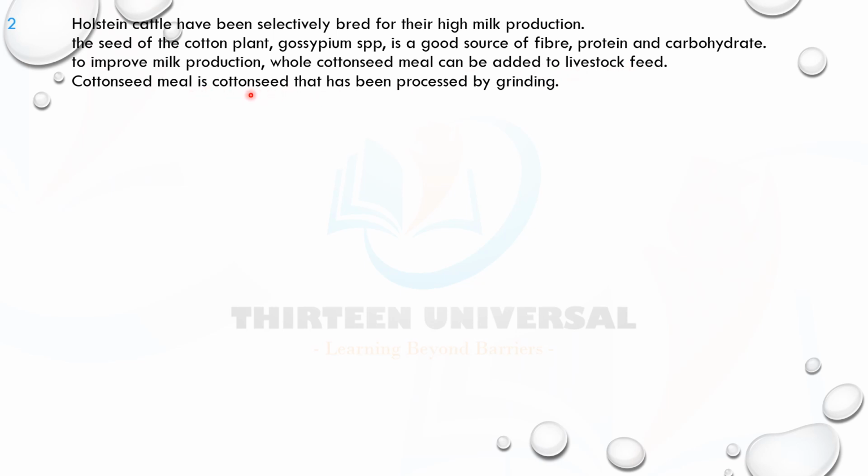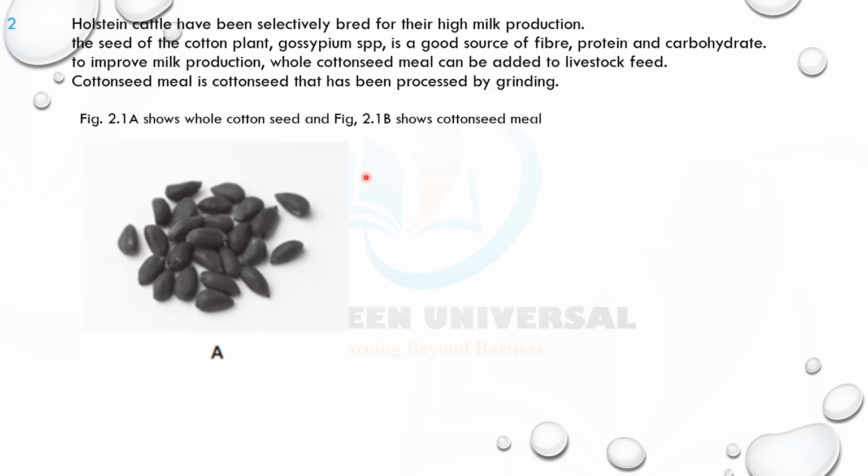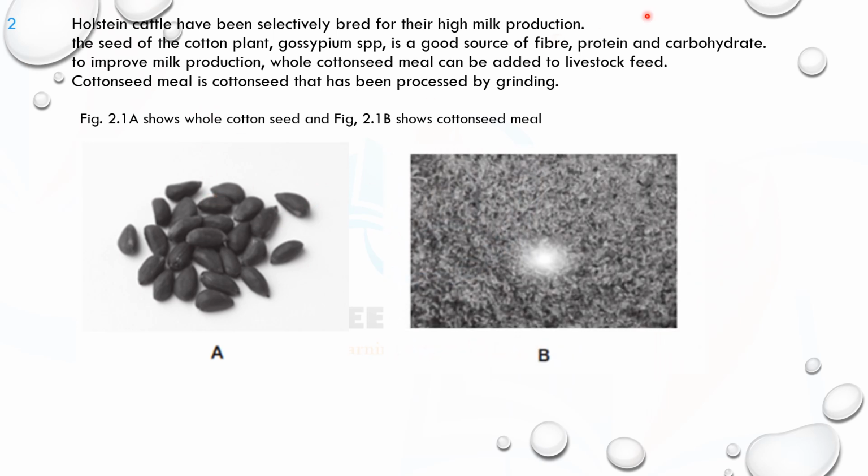Cottonseed meal is cottonseed that has been processed by grinding. That's the meal. Fig 2.1a shows whole cottonseed, and Fig 2.1b shows cottonseed meal. So A shows cottonseed, and this shows cottonseed meal. So watch them. Whole grain processed.